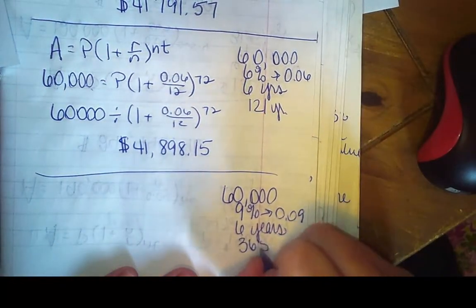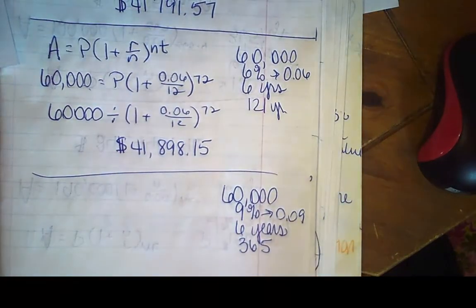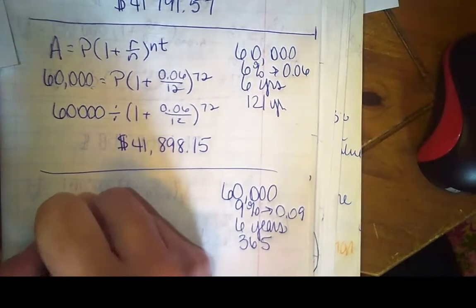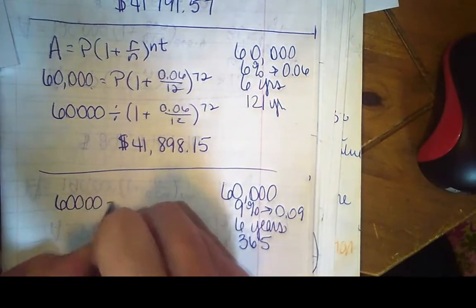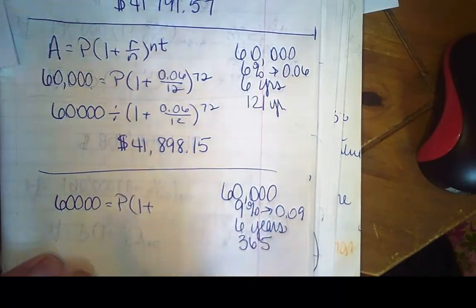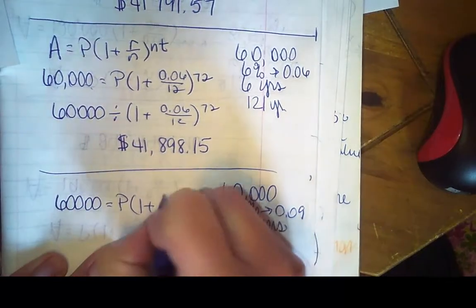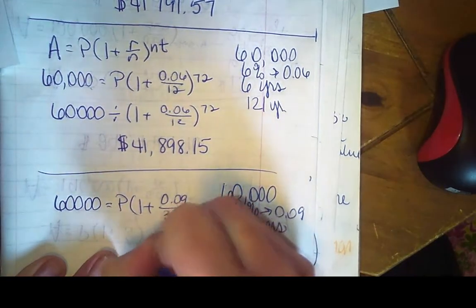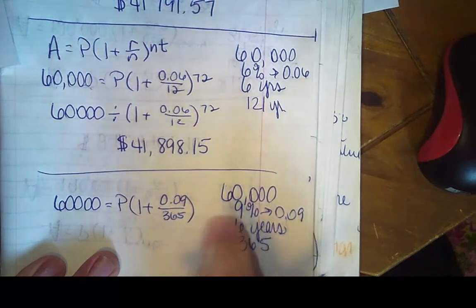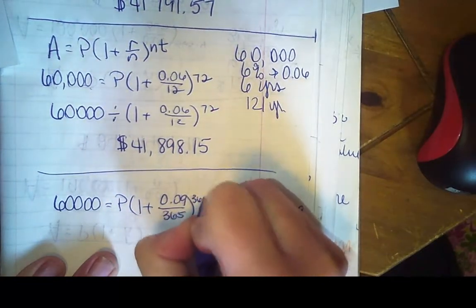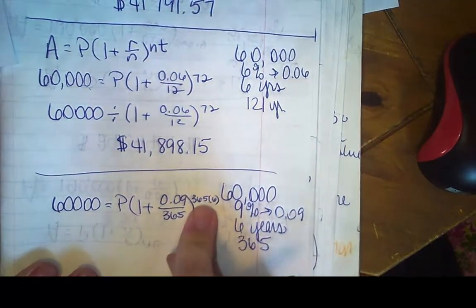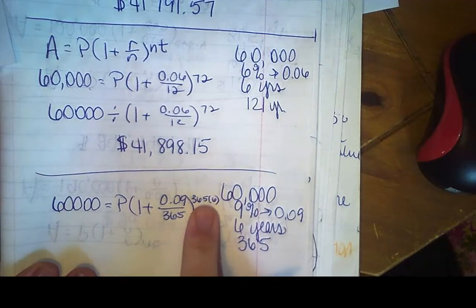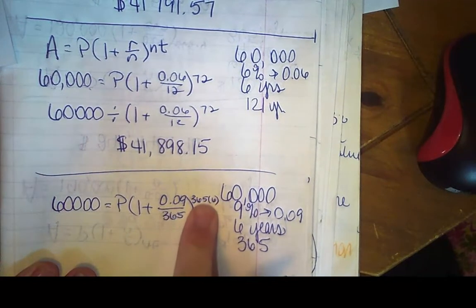So remember, unless you're told otherwise, use 365. So I have 60,000 equals P times 1 plus R, which is 0.09, over N, which is 365, raised to the NT, which is 365 times 6. Remember, you're going to have to use parentheses around that exponent.